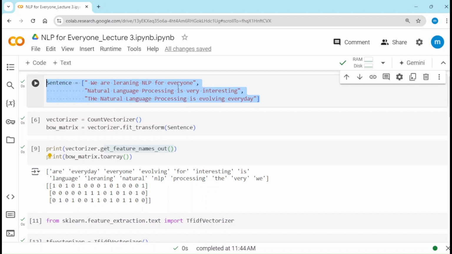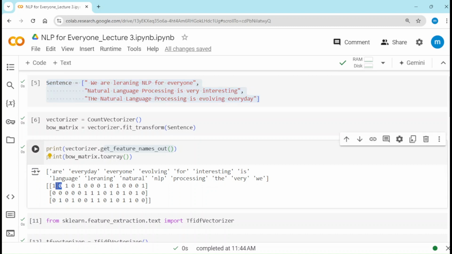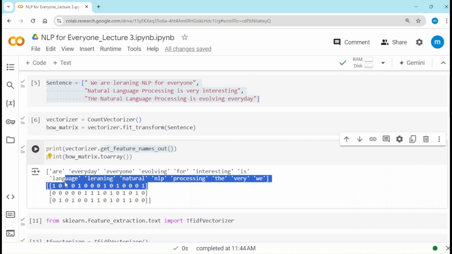Second, does every day appear in the first sentence? No, then it is 0. Then everyone, does everyone appear in the first sentence? Mark as a 1. Then third is evolving, is it available in the first sentence? No, then 0. Then for, is for available? Then mark as 1. Then interesting. Likewise, this is for the first sentence.